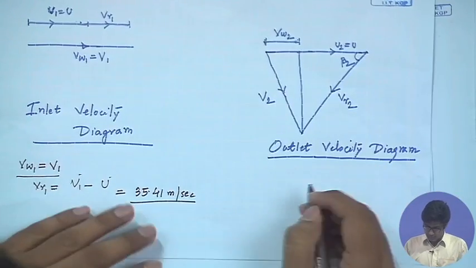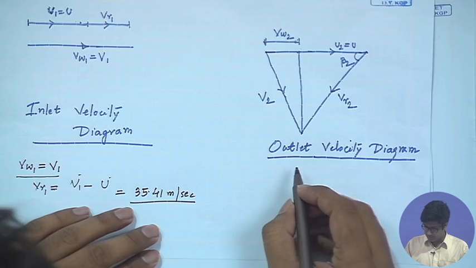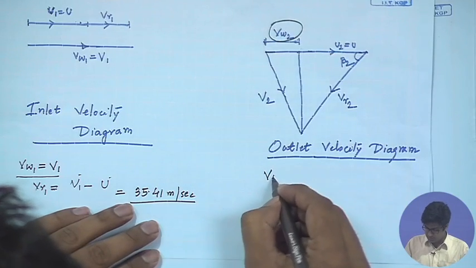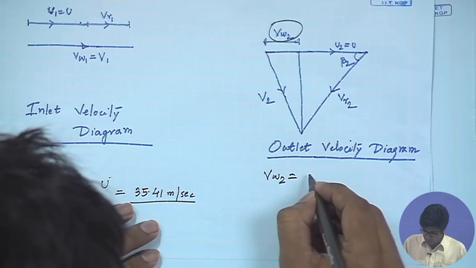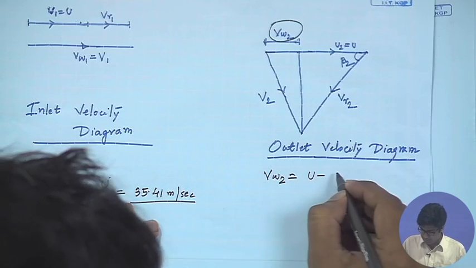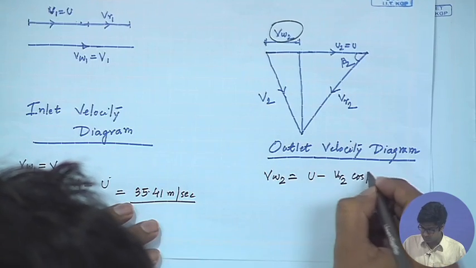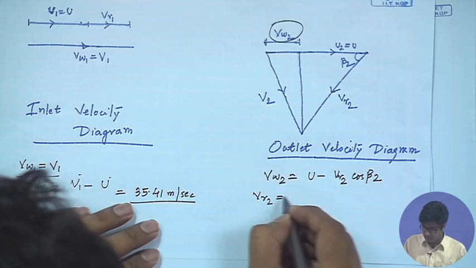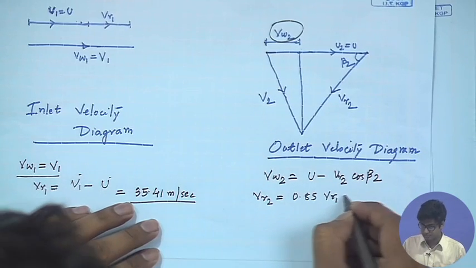Next, from this velocity diagram, we have to find out the tangential velocity at the outlet, which is given as V w 2 is equal to u minus V r 2 cos beta 2. V r 2, as we already know, is given as 0.85 into V r 1.